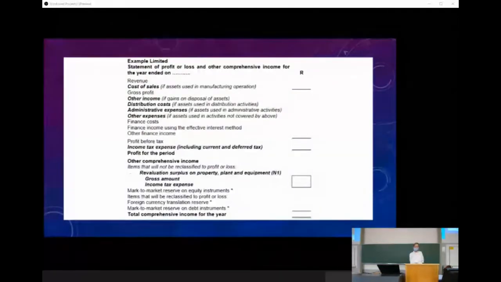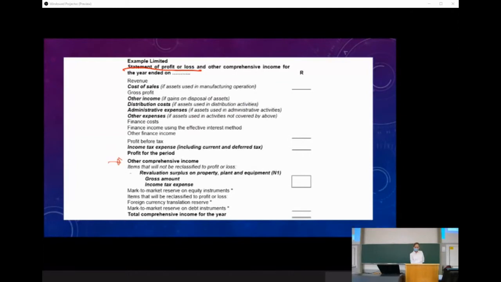Oh, I've got it here. So there's our income statement. Here you'll see there's our other comprehensive income. We've got our revaluation surplus, which we split into these two amounts. We'll have our gross revaluation over here, and then the tax there, giving us the net amount that's going to roll up into equity. Good.